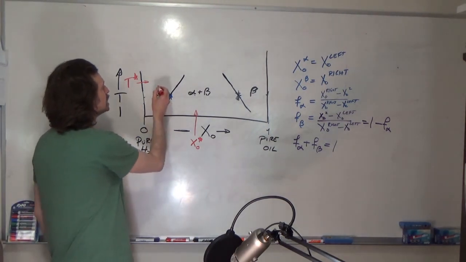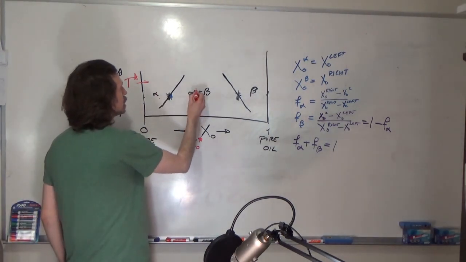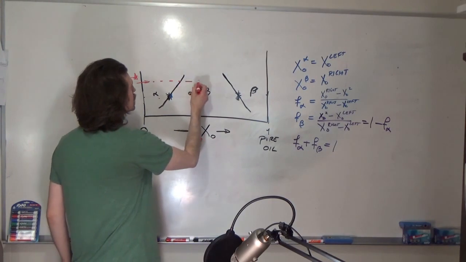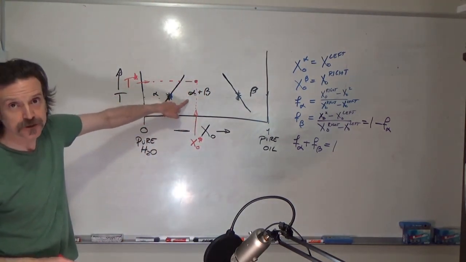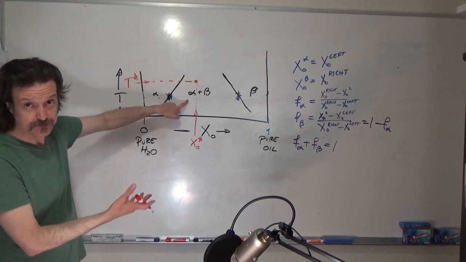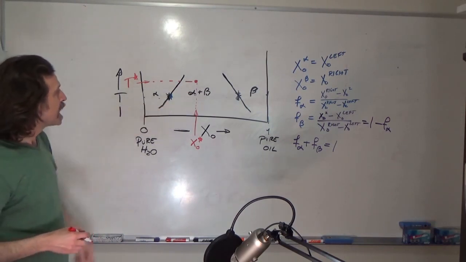Well, what we can do is we can go up, go over. We can see that we're in the two-phase region, so our system is a mixture of two phases.